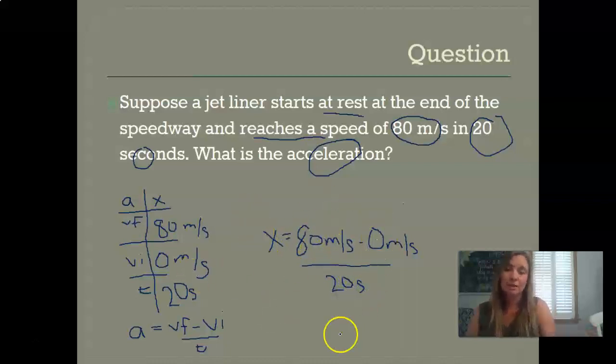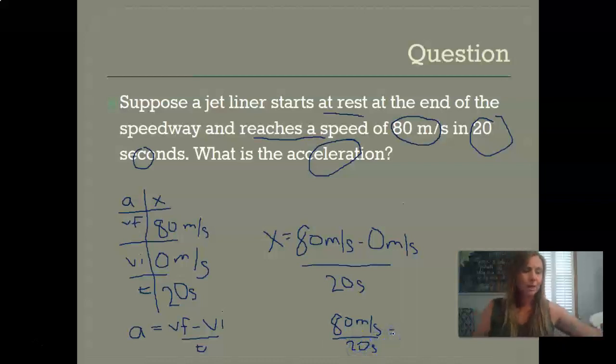So 80 minus 0 is still 80 meters per second. And we're going to divide that by the 20 seconds of time. And when you type that into your calculator, you should get, well, where is my calculator?